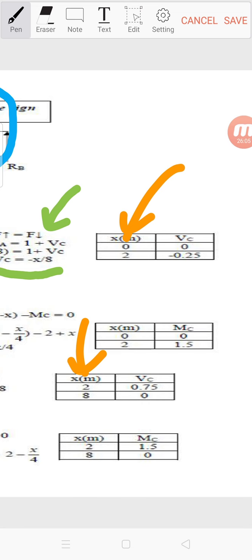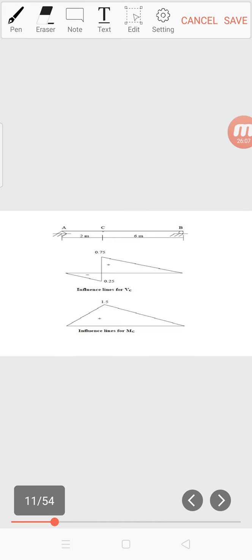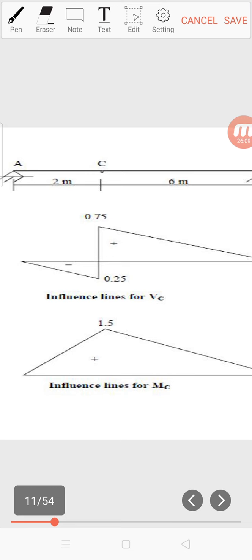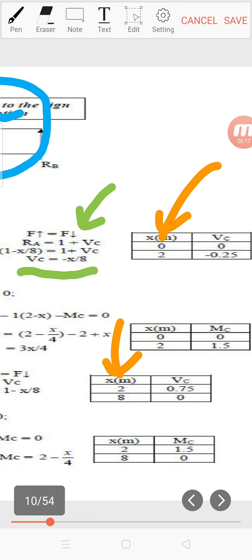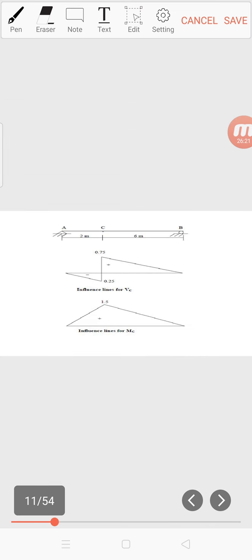So from 0 to 2, we have VC of negative 0.25. That is why it is going downward from the x-axis.